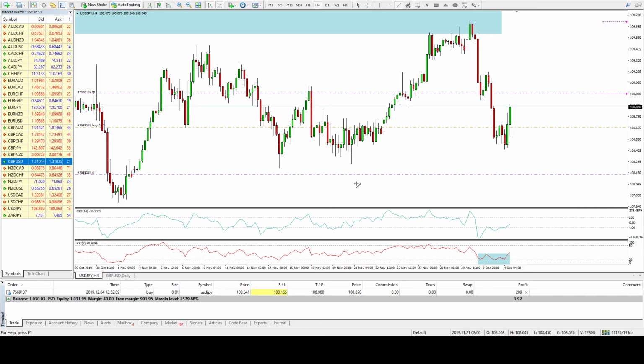And my yen is doing okay. I'm 13 pips away from my target. Let's see if that would happen.